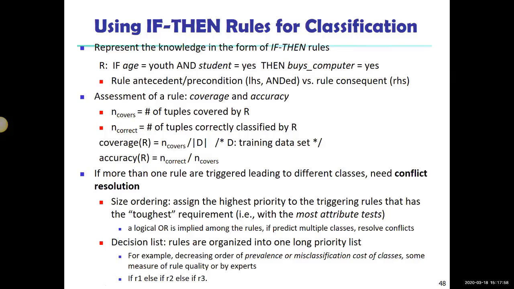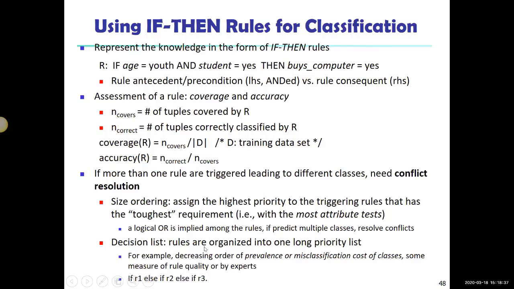One way of resolving the conflict is, like what I suggested before, to simply organize all those rules into a decision list. A decision list is not a set of if-then rules. It's actually if this rule, else if the other rule, else if the third rule. So you can only trigger one rule at a time. The rules are prioritized and listed in this order. The first rule that gets triggered will be the one that determines the class label. This is one way of doing that.